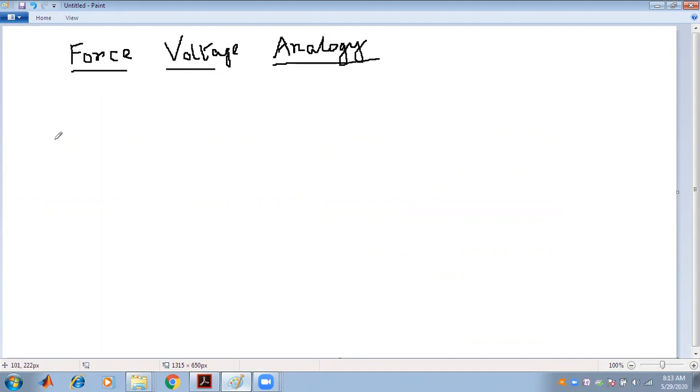So let us take a mechanical system, in order to make it analogous with an electrical one.